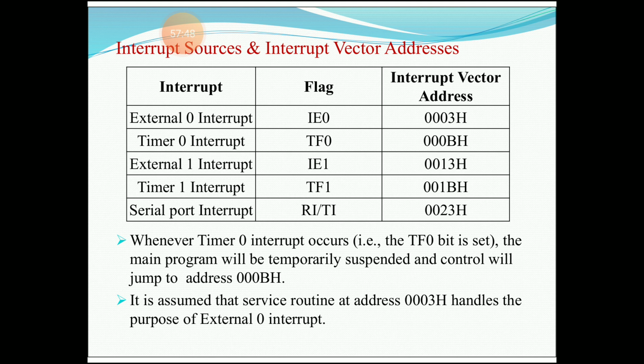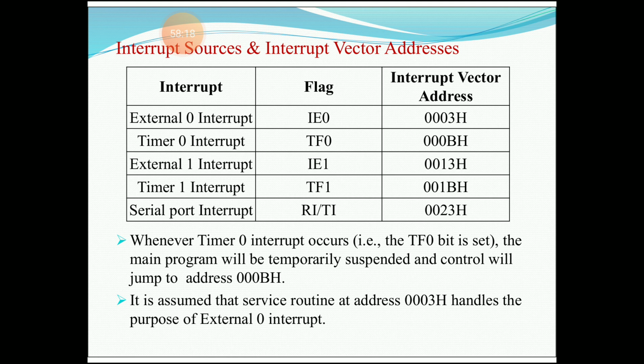And the serial port interrupt is generated when the controller receives a byte of data or transmits a byte of data, that is RI and TI, and transfers control to the specified address 0023H. So these are the various address locations containing ISR programs. When the corresponding interrupt occurs, the controller executes the ISR program from the specified address.